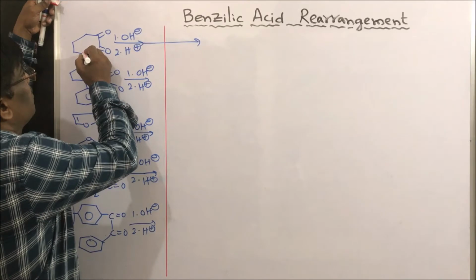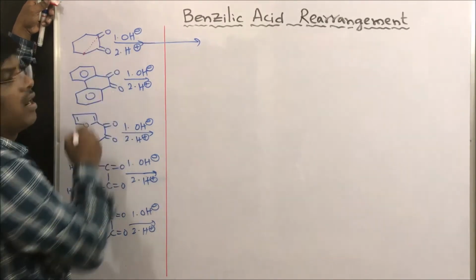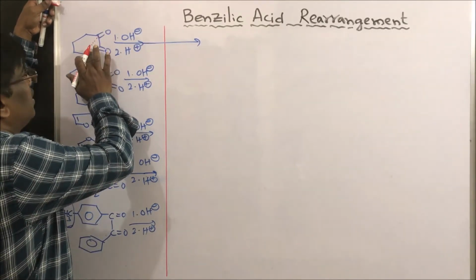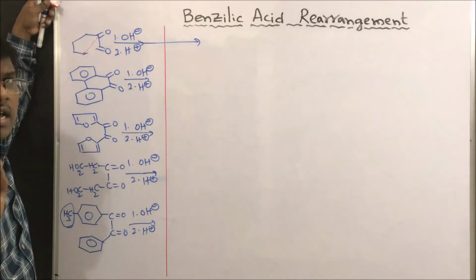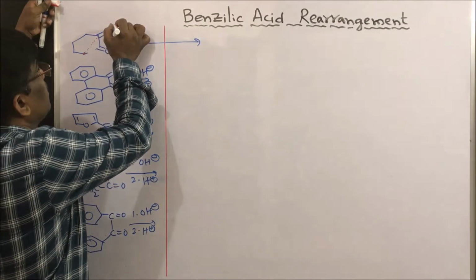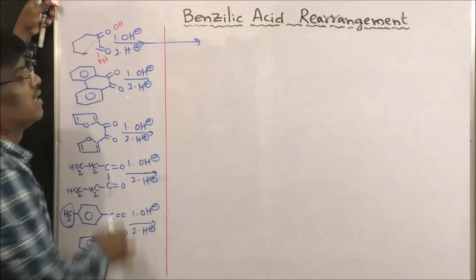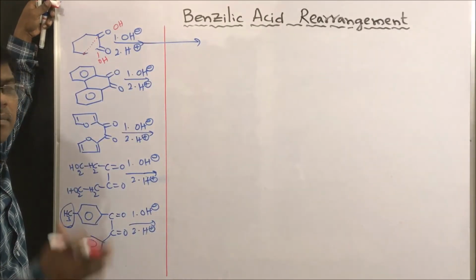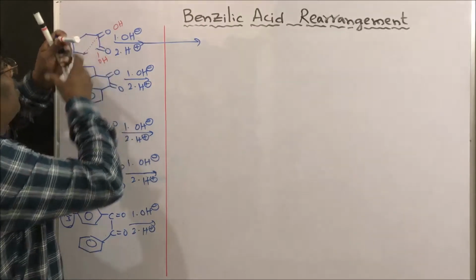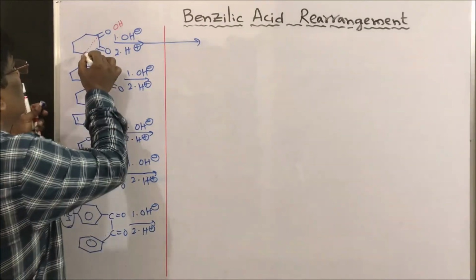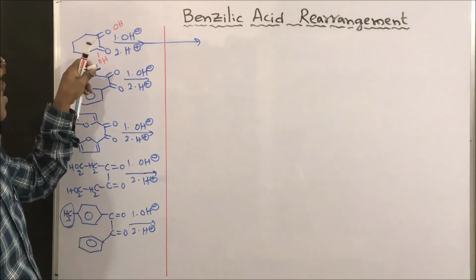From here, just make a bond, and here break a bond. Make a bond and break a bond. Keep hydroxy here, and here hydroxy. Break a bond and make a bond. This is very, very important. So how to write?